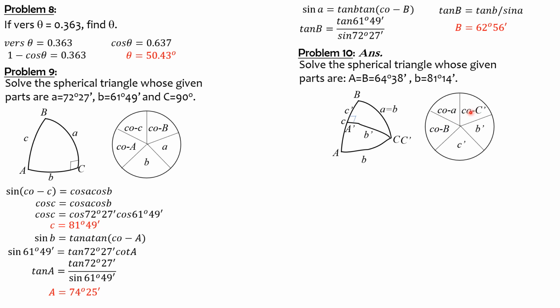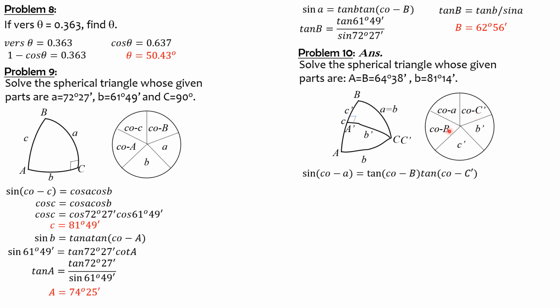So these three are adjacent, or if we want to solve for C prime first, then sine of complement of angle B is equal to tangent of complement of A, tangent of C prime. So let's solve for angle C prime first.